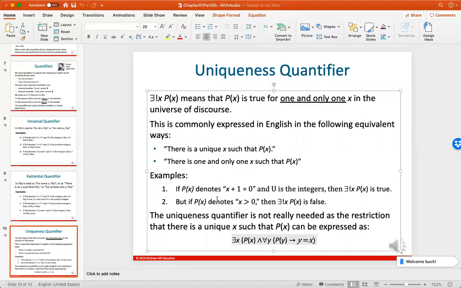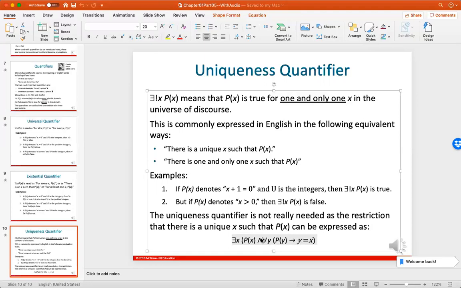In order to have it like this, the unique quantifier is not really needed as a restriction. We can express uniqueness, or basically this is actually an existential quantifier, but in order to represent the one and only one relationship, we have to make it like this, right?